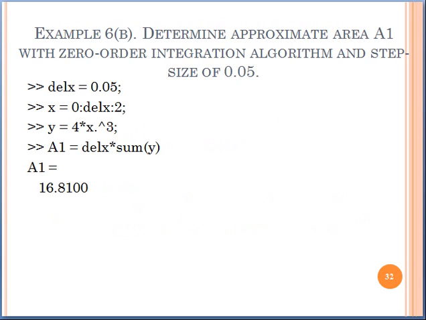Now taking the same example but determining the approximate area A1 with zero order integration and taking the step size of 0.05. This step size is nothing but the del x size. Okay, so for this the program will be, first we have to define the del x size, that is del x equal to 0.05.